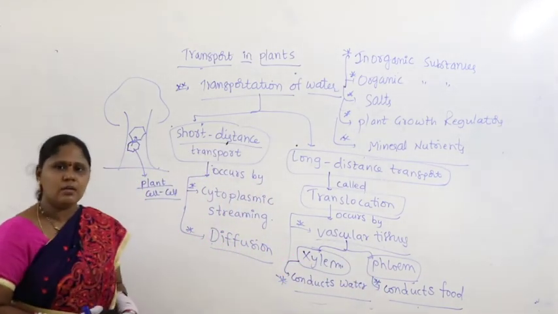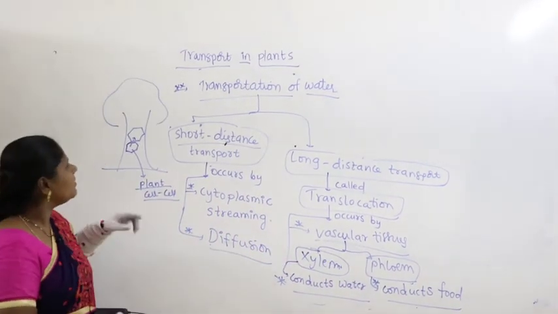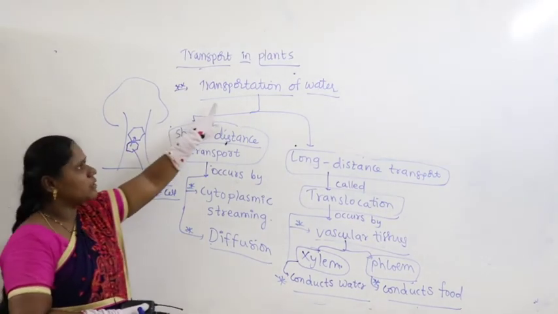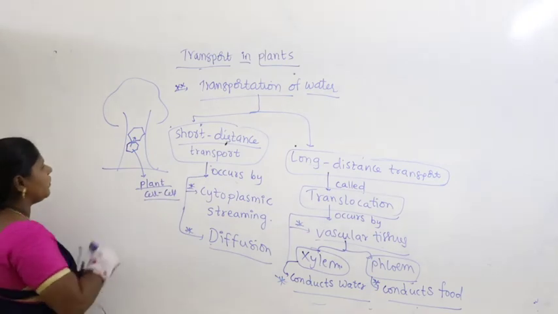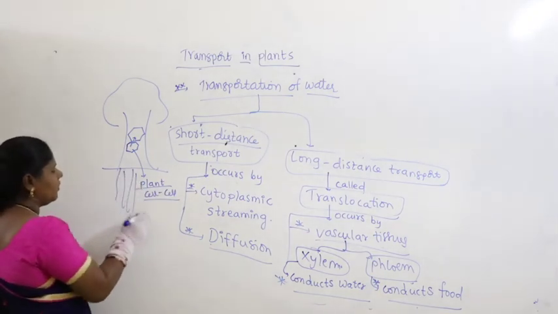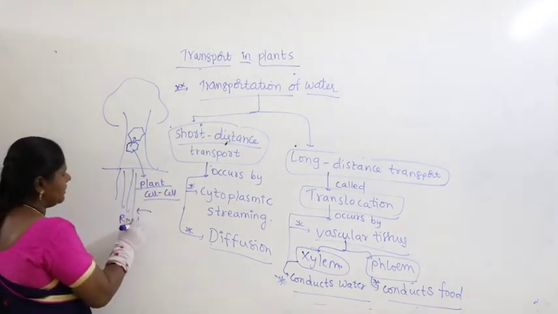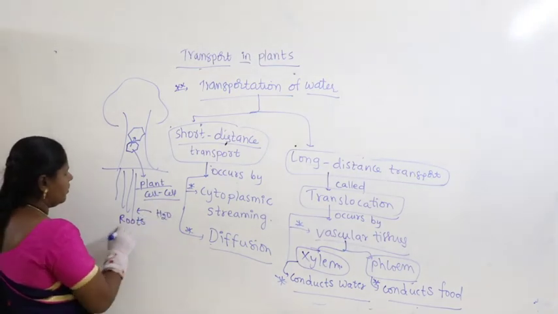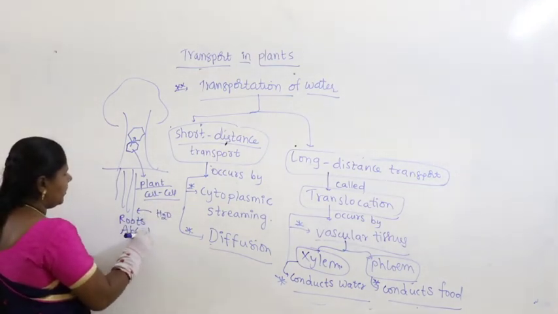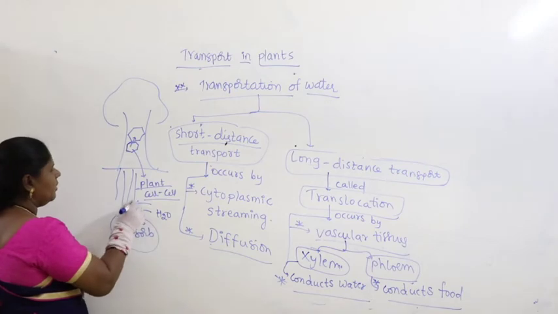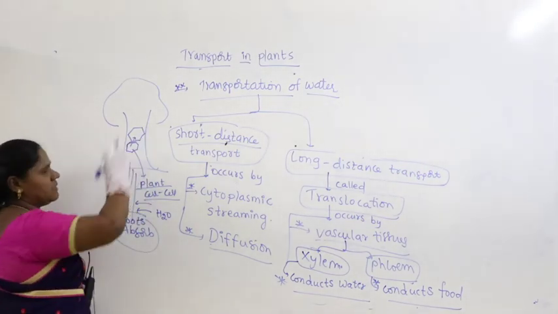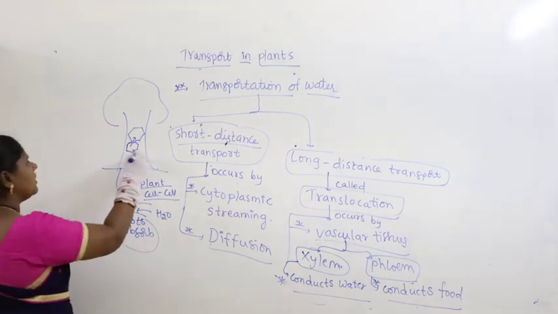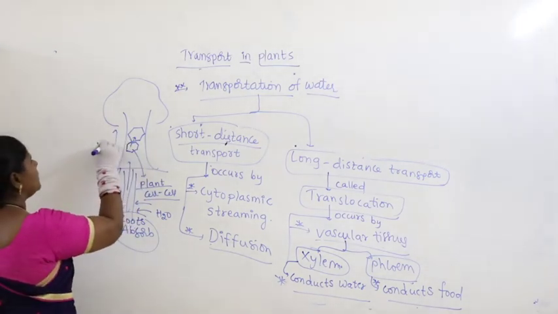What do we find here? So here transportation of water is happening. From where to where are they going? They are going from down. Of course, roots will absorb water, no doubt. When roots absorb water, it has to move from one place of the plant to another place.